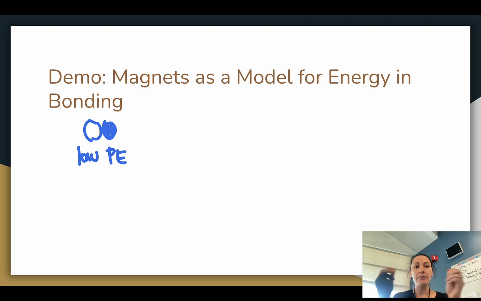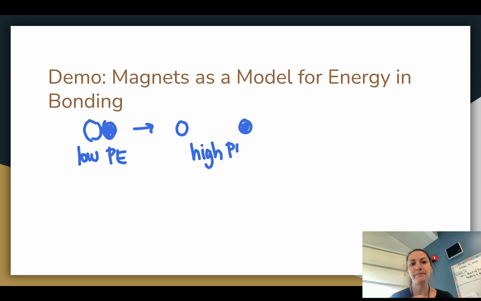When I separate them, when they're far apart from each other, they're going to have a higher potential energy. So when we separate them, they are going to be at a high potential energy. So the process of going from a low potential energy to a high potential energy, energy must be going into the system.